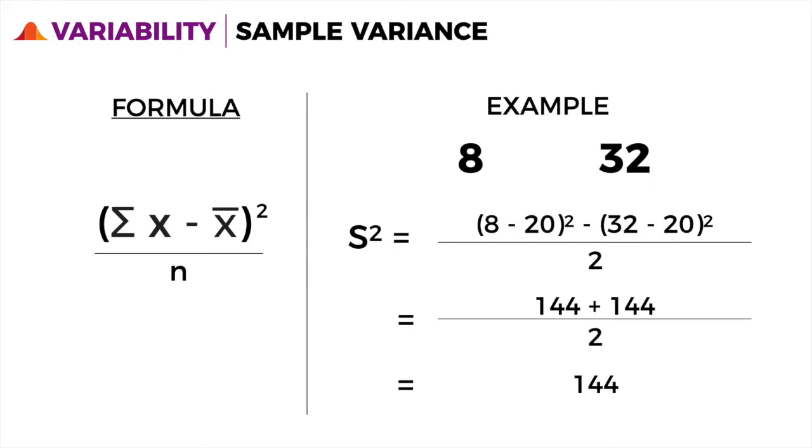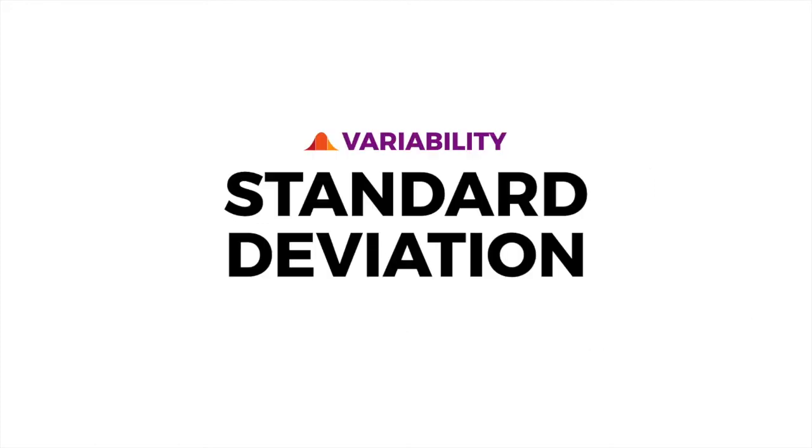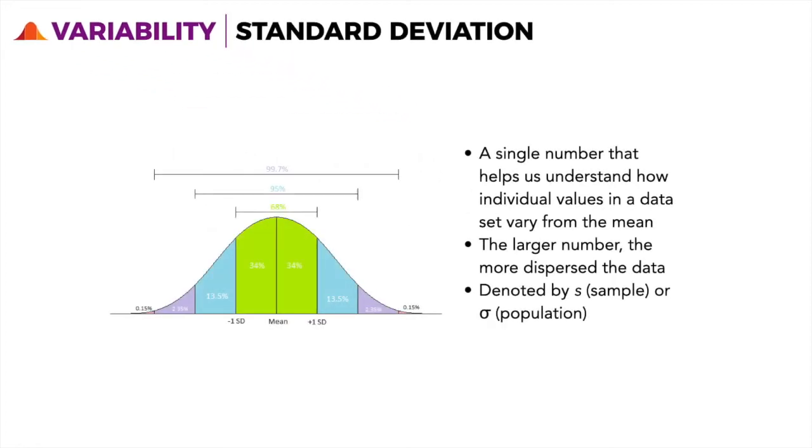Related to sample variance would be standard deviation. Standard deviation is a single number that helps us understand how individual values in a data set vary from the mean. The larger the standard deviation is, the more dispersed the data. In sample variance, it is denoted by the symbol s squared, so remember that you still square the data.